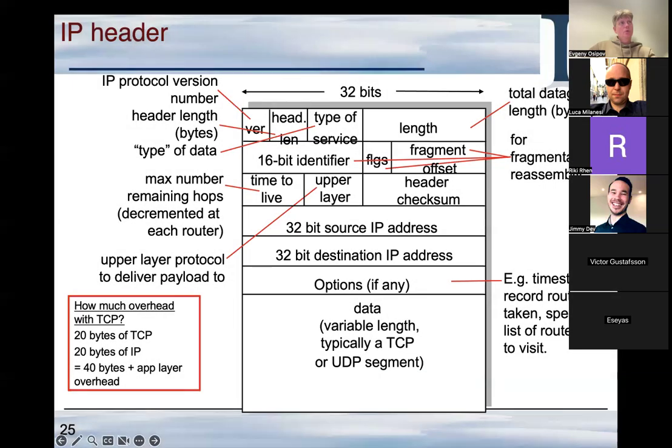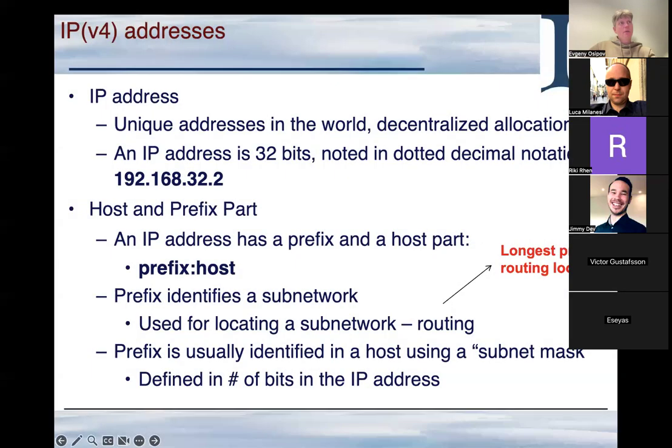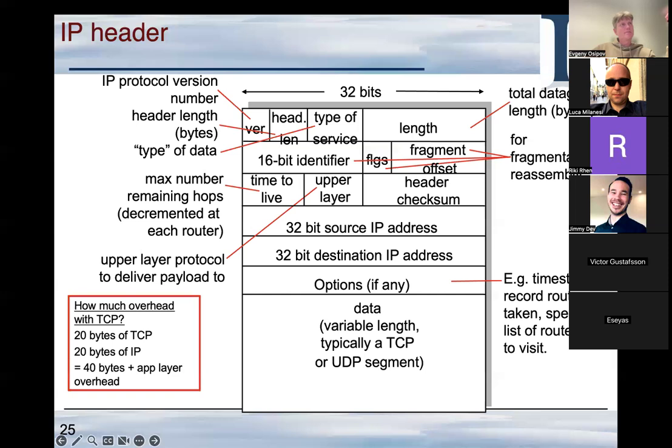I will not go into IP address structure. Just visually, this is the structure of IPv4. IPv6 is way longer to be able to address many devices. And here is the format of the IP header.